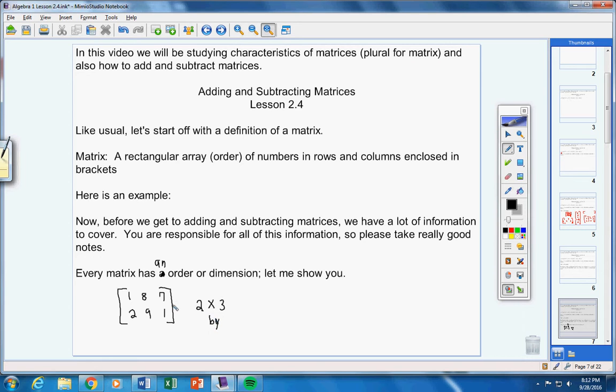So we call this a 2 by 3 matrix, because it has 2 rows and 3 columns. It's that simple. By the way, your rows always come first in your order or dimension, and your columns come second.